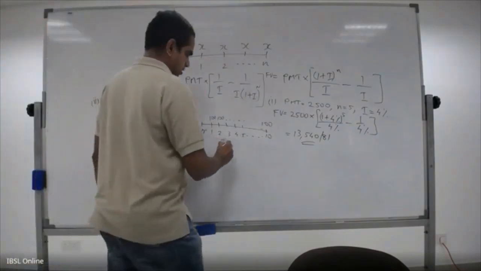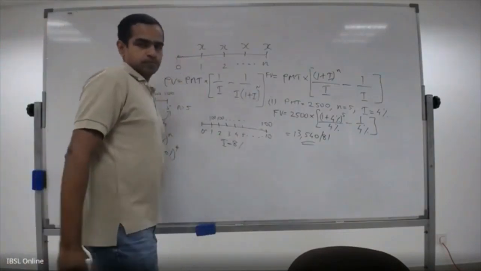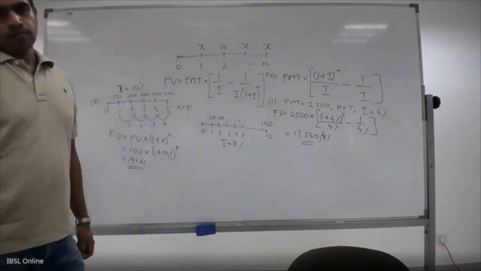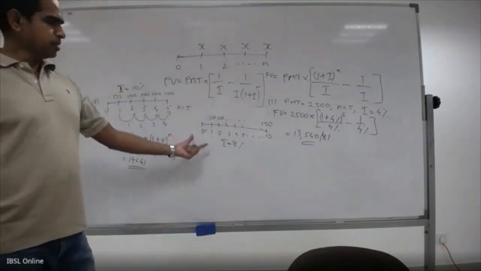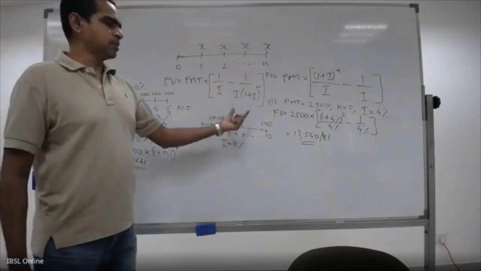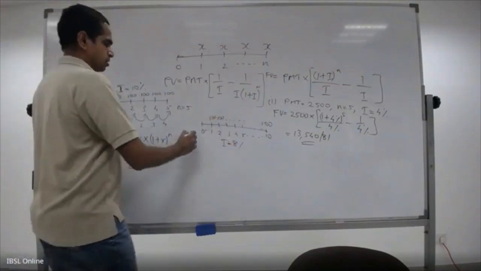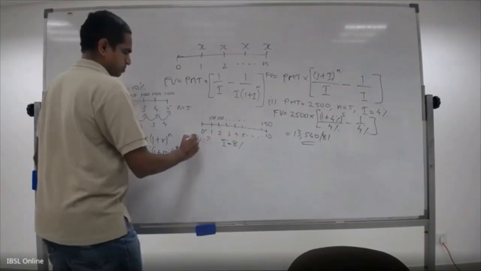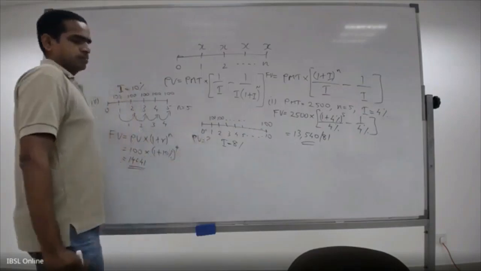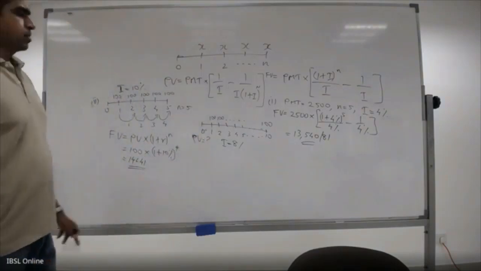And the interest rate is 8%. Right. So how much should you deposit today in order to receive payments of $100 every year? So what is the present value? That's the question.